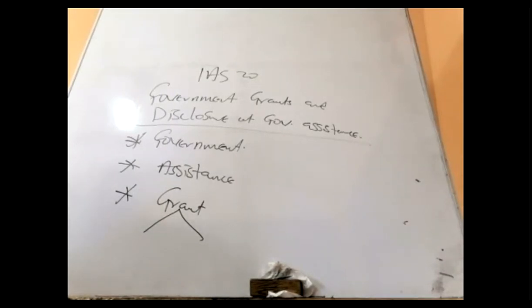Okay, so I've got a definition for government. In fact, it means national, international, or local. That's all. So UNESCO, according to IAS 20, counts as government, because it's a similar body that operates internationally.